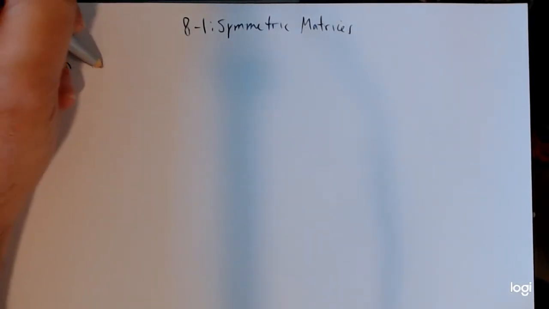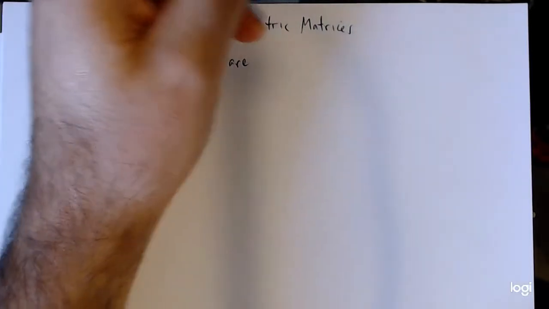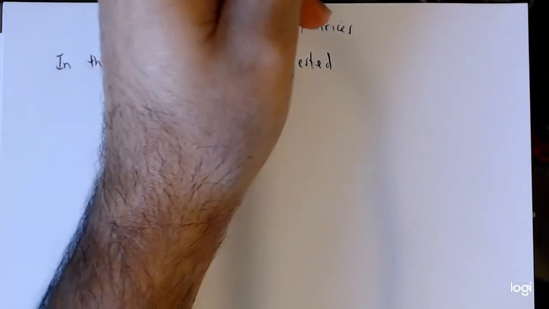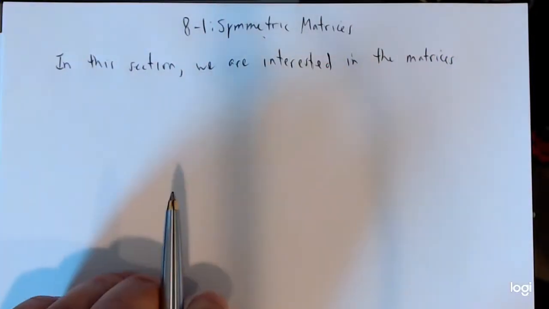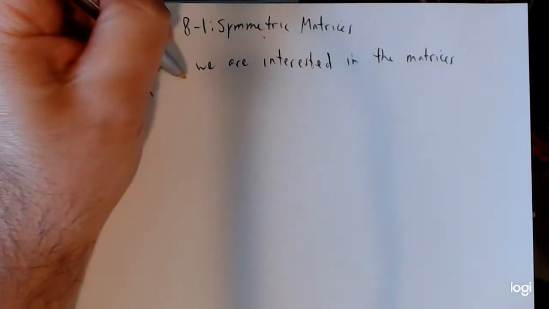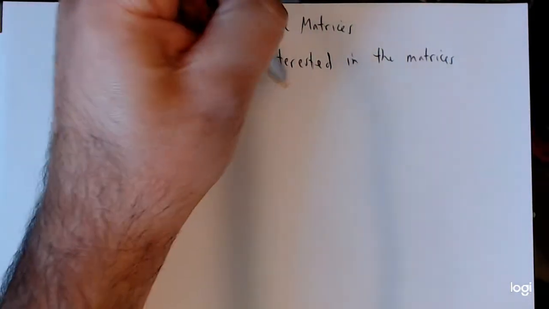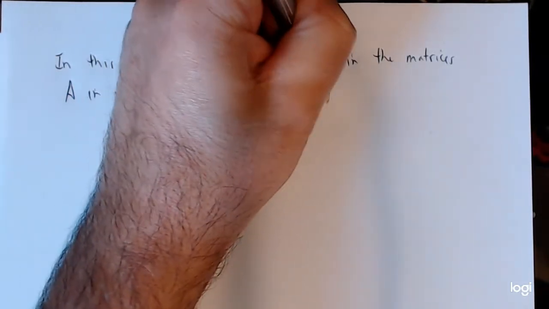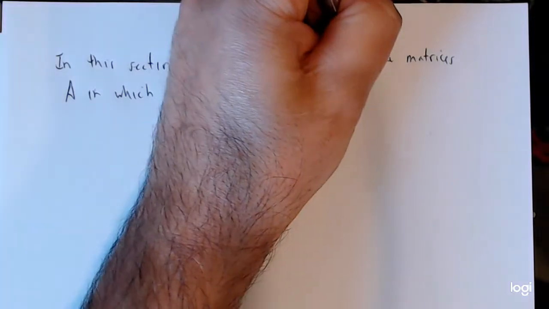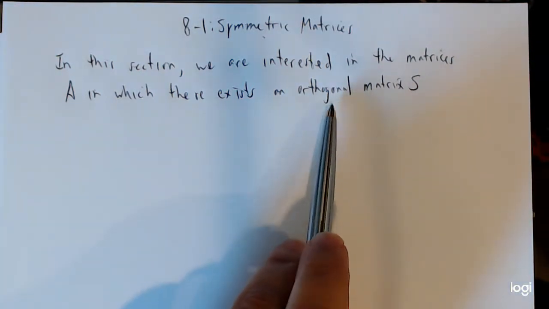So in this section, we are interested in the matrices A in which there exists an orthogonal matrix S, or if we have an orthonormal matrix, even better.